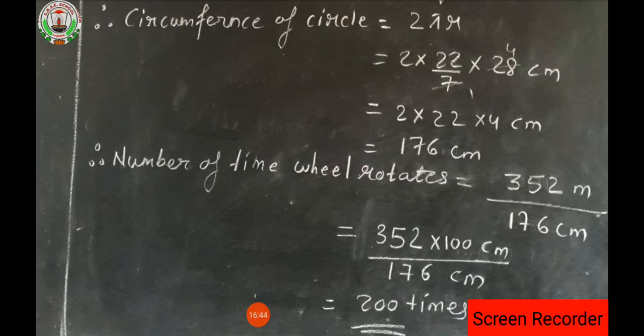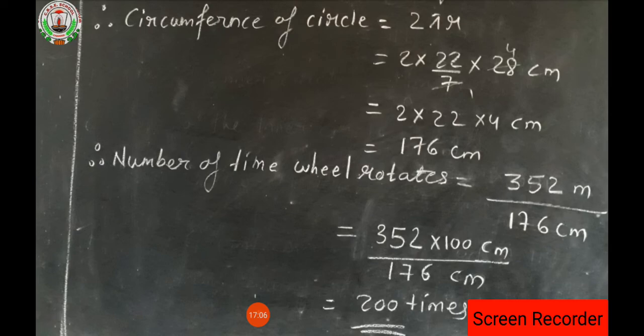Since here in the numerator the value 352 is in meter, and in the denominator the circumference is in centimeter, we have to change either the centimeter into meter or meter into centimeter. So while multiplying the numerator with 100, meter will be changed into centimeter, because 1 meter is equal to 100 centimeter, that's why.